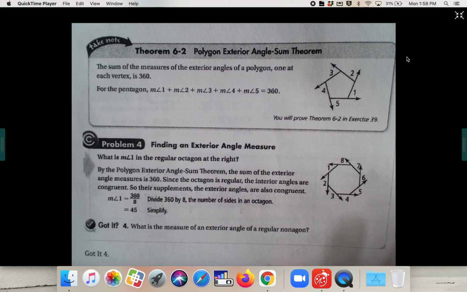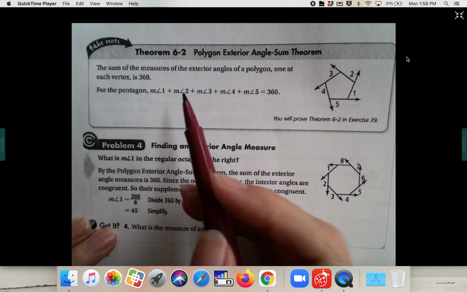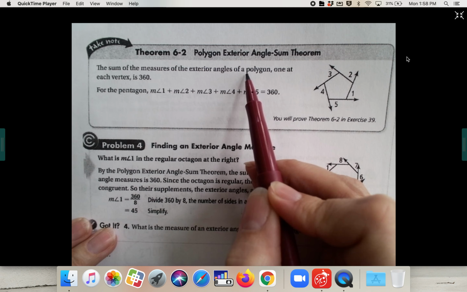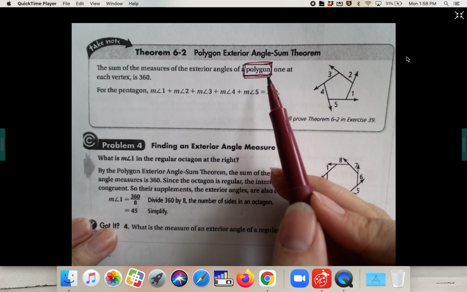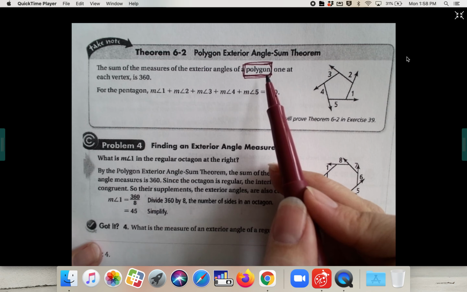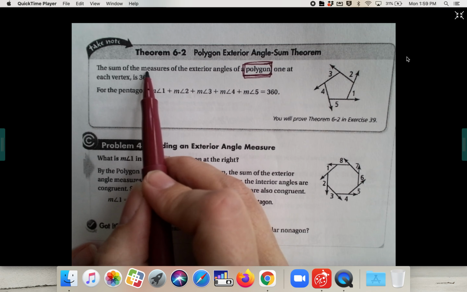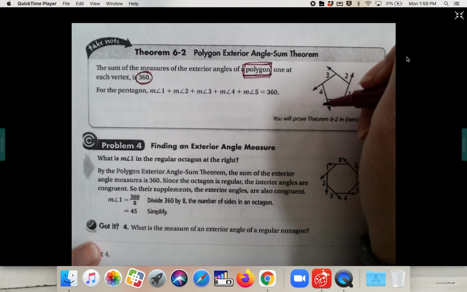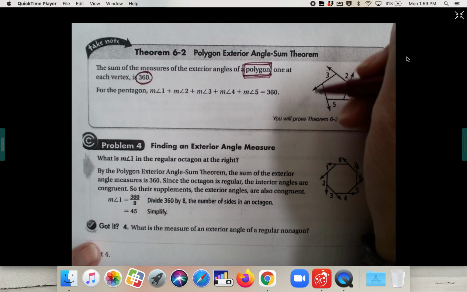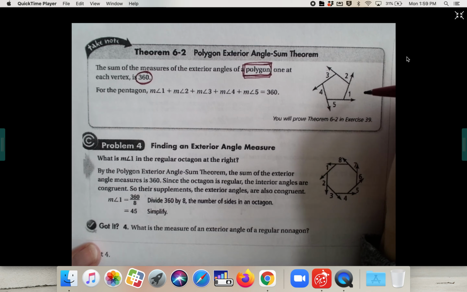So here's the thing that you need to know. Exterior angles of any polygon at all, I don't care if it's a triangle, a quadrilateral, a hexagon, a nonagon, all of them add up to 360 because every one of these is going in a circular fashion and a circle is 360 degrees.